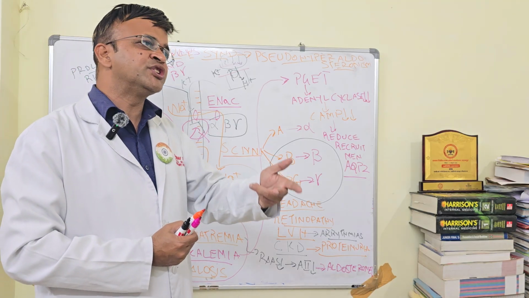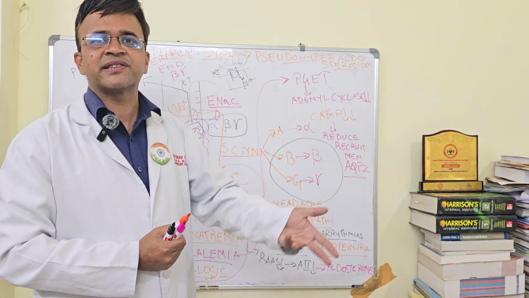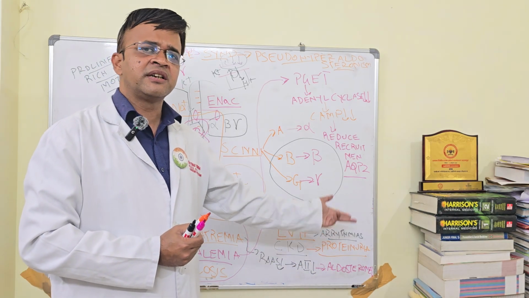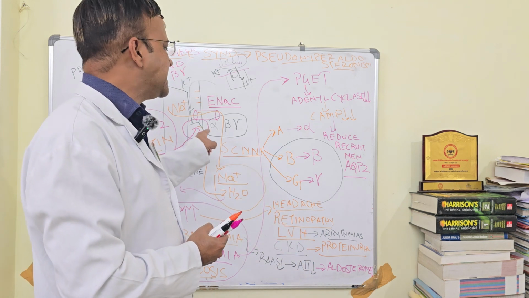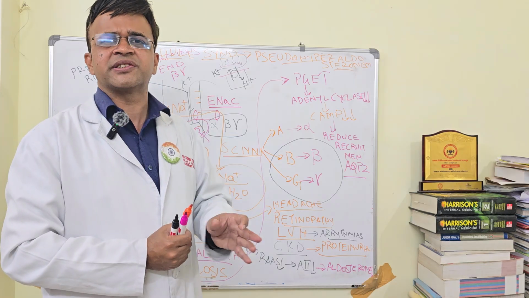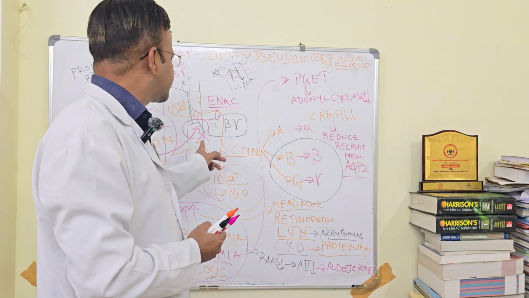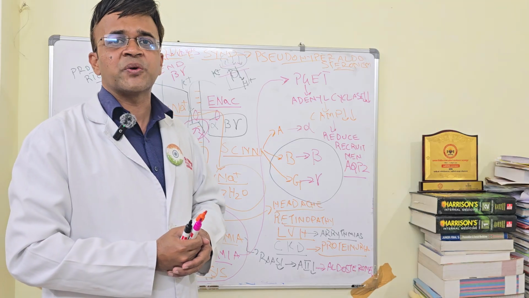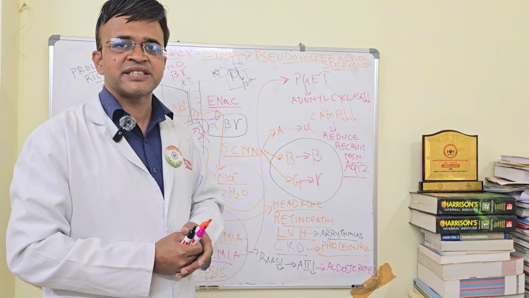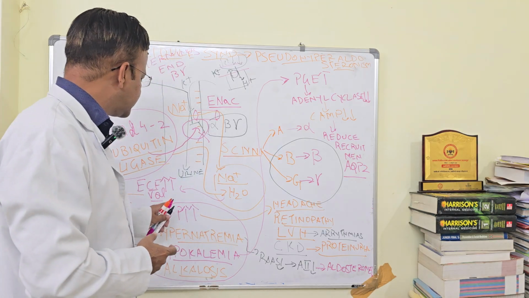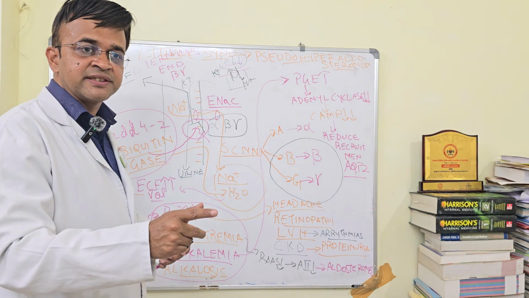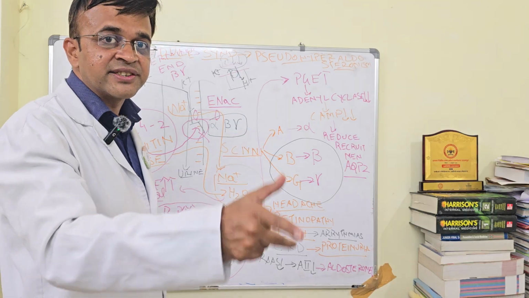Any angiotensin 2 receptor blocker, losartan, telmisartan, won't work either, because the issue is not aldosterone, the issue is the ENaC channel itself. The only drug that works is amiloride, because it directly inhibits the ENaC channels. So this blood pressure is treatment resistant and salt sensitive.